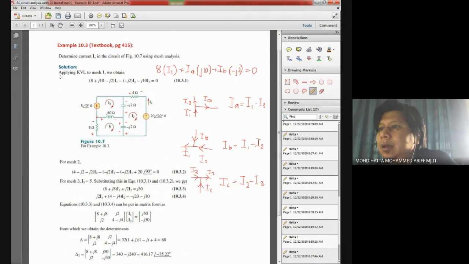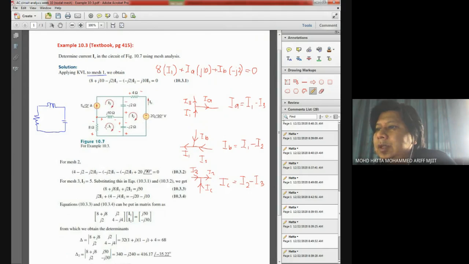The first one, we have a look at mesh number one. According to this circuit, we have an inductor, capacitor, and resistor. All are given in their frequency domain values, where this one is J10, this one is negative J2, and this one is 8 ohm.